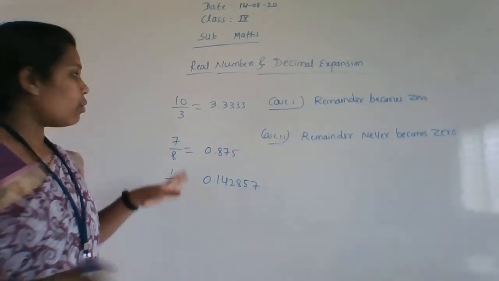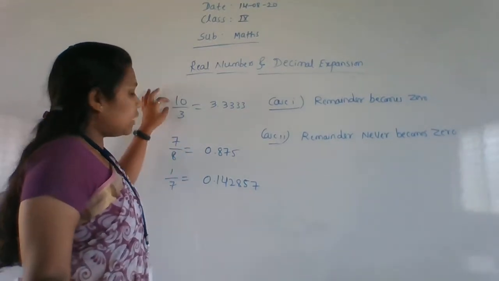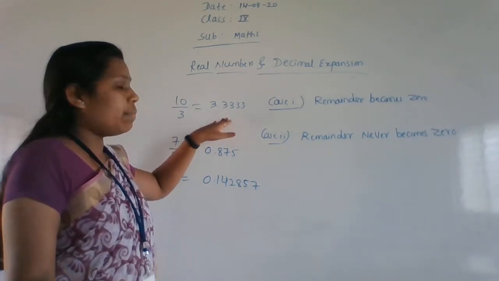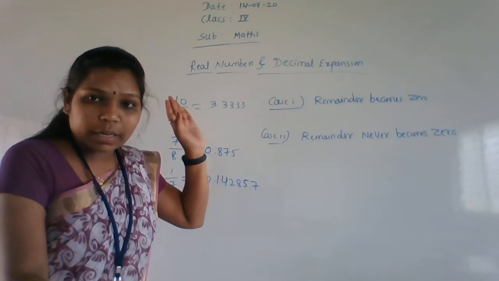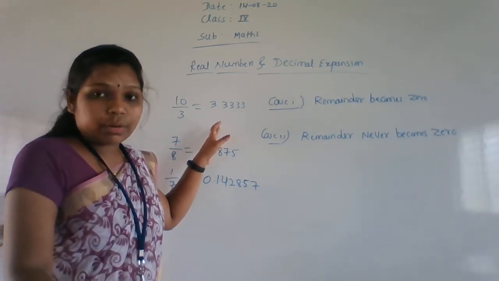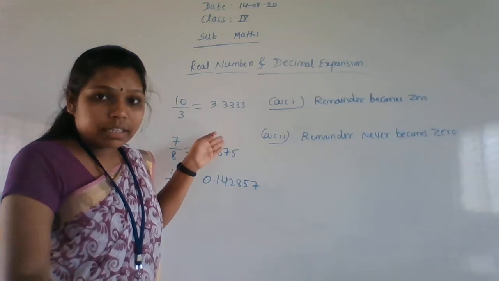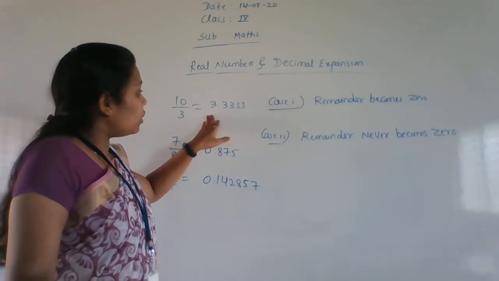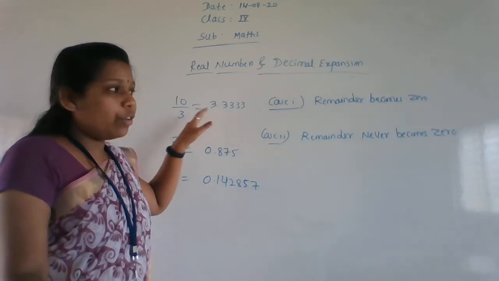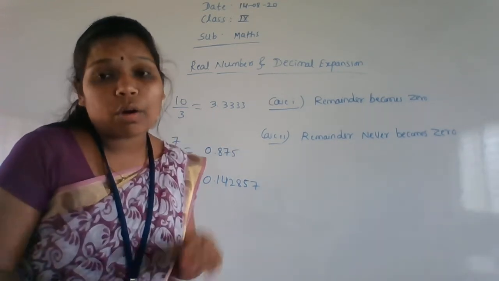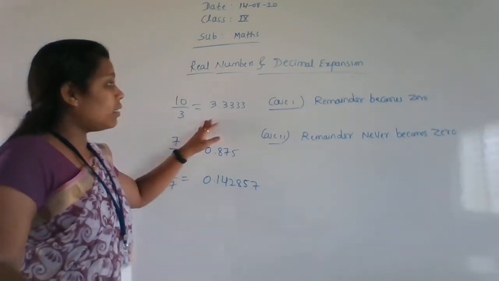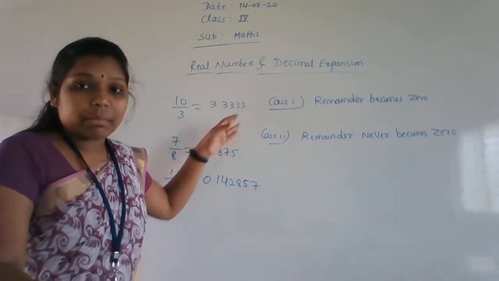If you want to see this, take 10 by 3. Divide 10 by 3 and you will get 3.333 like that only. We will never get 0 as a remainder here. As much as possible, you have to do the division. If you sit for 1 hour, 2 hours or 1 year, 2 years, 3 years, the remainder will never be 0 for 10 by 3.